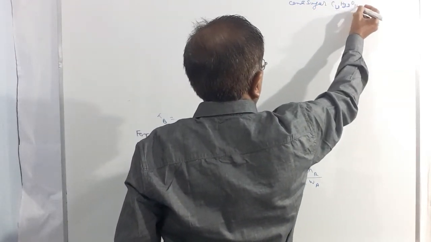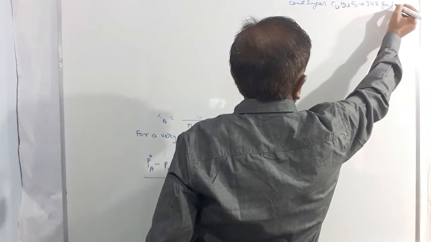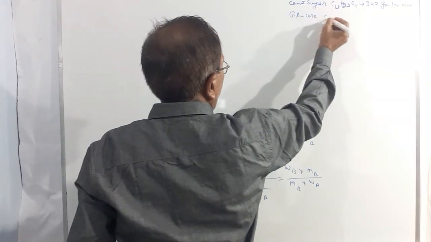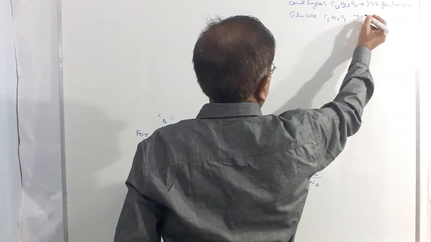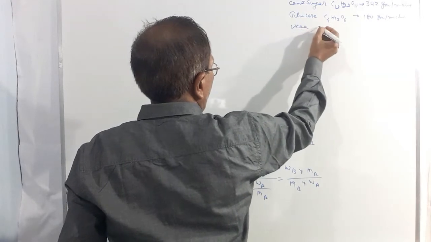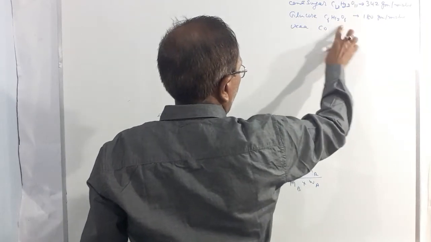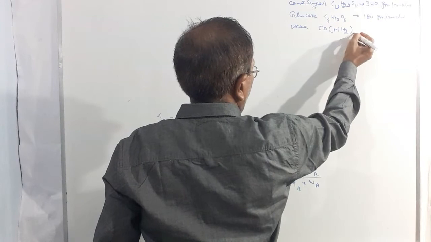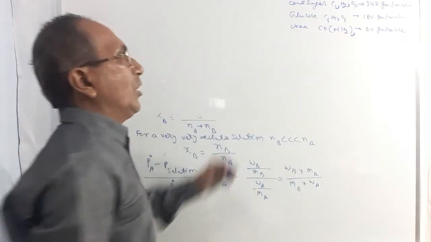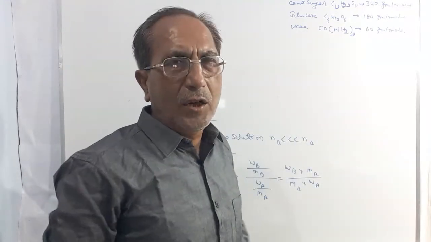C12H22O11, 342 ग्राम पर मोल. ग्लूकोज C6H12O6, 180 ग्राम पर मोल. यूरिया CO(NH2)2, 60 ग्राम पर मोल. इसको याद कर लेना है बिकॉज तुम्हारे लेवल में हमेशा यही 4 आएगा न्यूमेरिकल प्रॉब्लम में.